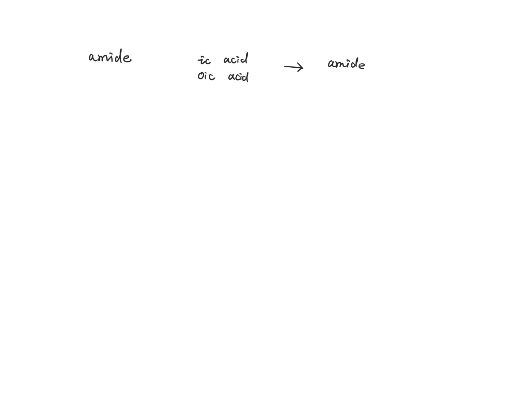For example, this is our acetic acid. Now we are going to swap this acetic acid to change it to an amide, for example something that looks like this. Because it is an amide, the parent chain will be called acid amide, which shows you that it is an amide.